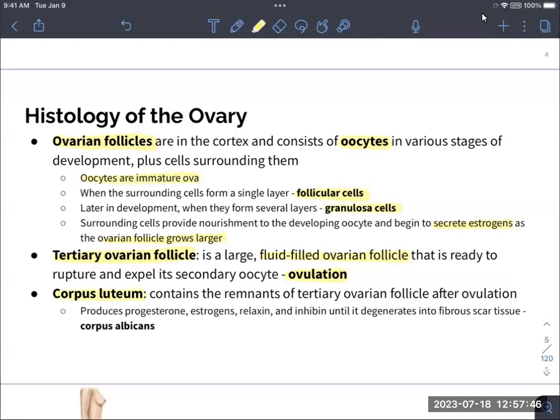After that secondary oocyte has been expelled out of the ovary, this is what is left. The corpus luteum is going to make progesterone. It makes estrogens, relaxin, and inhibin. And it'll degenerate into scar tissue, which is known as the corpus albicans. It's going to continue to secrete these different hormones until this degeneration happens.